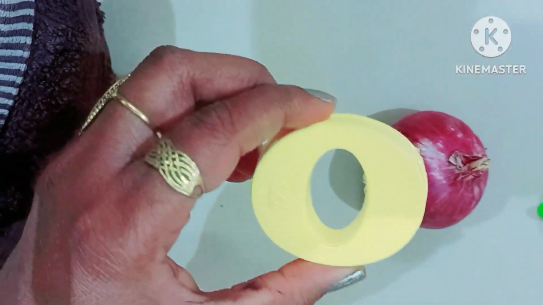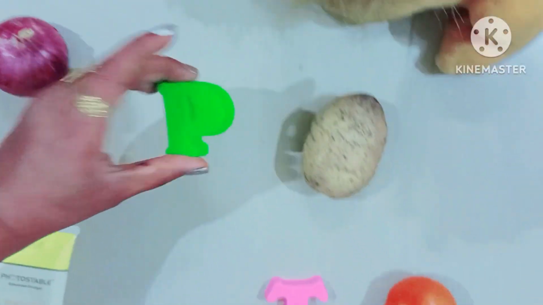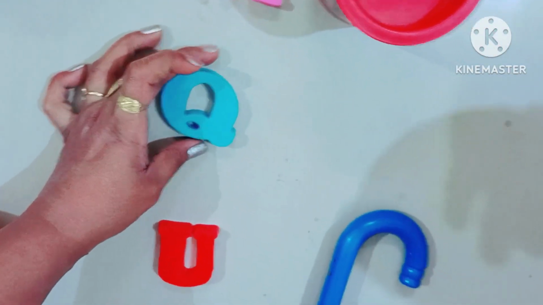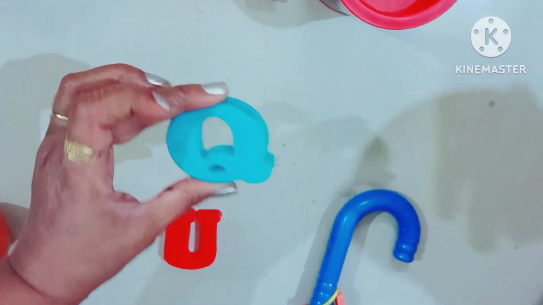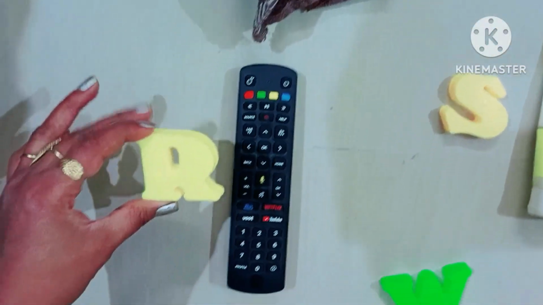O for onion. P for potato. Q for question mark. R for remote.